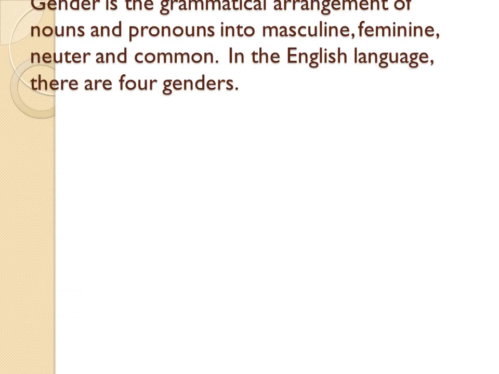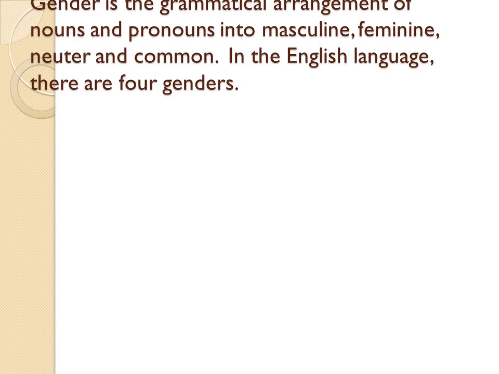Now we'll start by looking at gender as a system of grammar. So we say that gender is the grammatical arrangement of nouns and pronouns into masculine, feminine, neuter, and common.